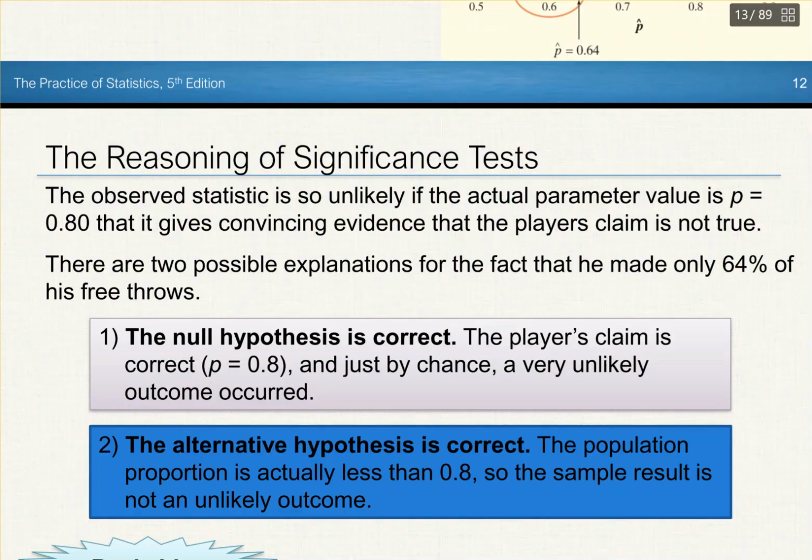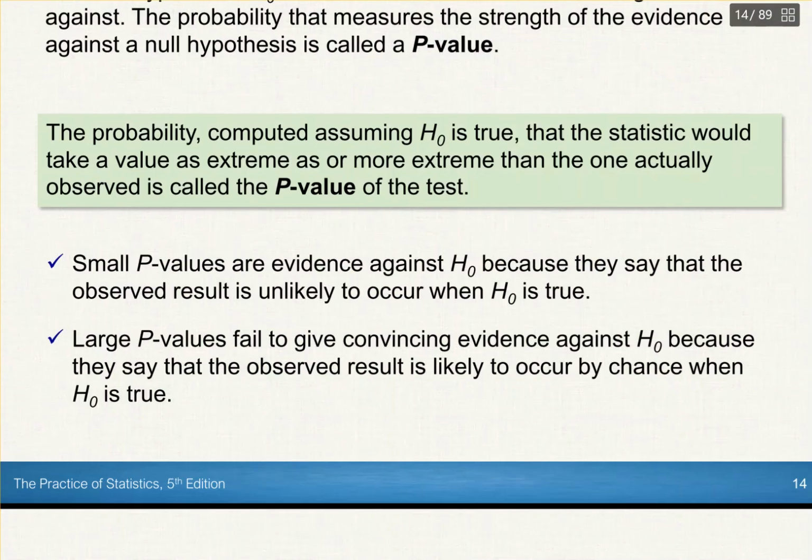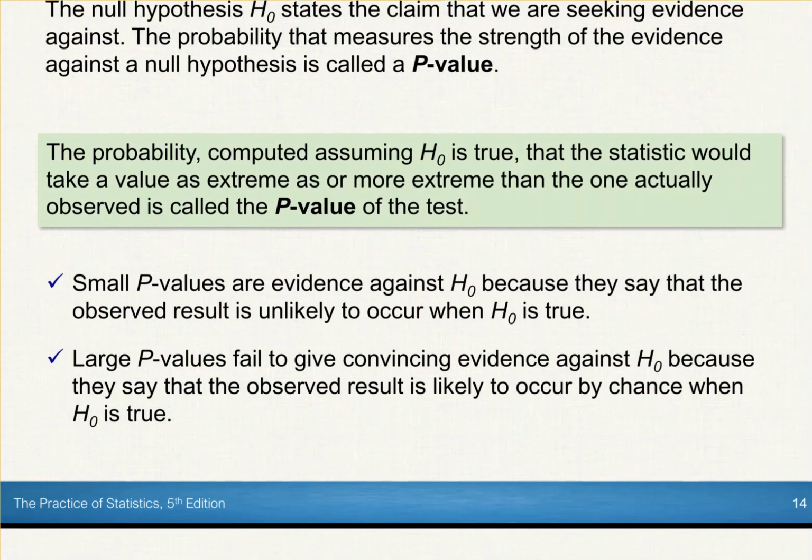Small p-values are evidence against H naught, because they say that the observed result is unlikely to occur when the null hypothesis is true. So again, if it's highly unlikely that the event would happen, then it's evidence that the null hypothesis is incorrect.